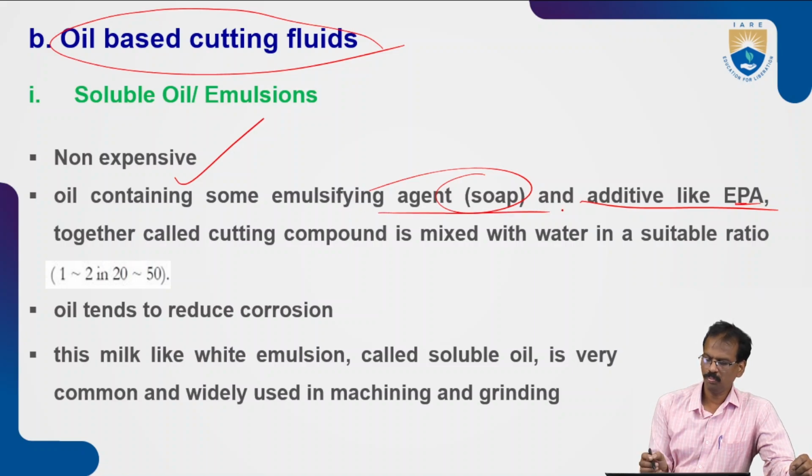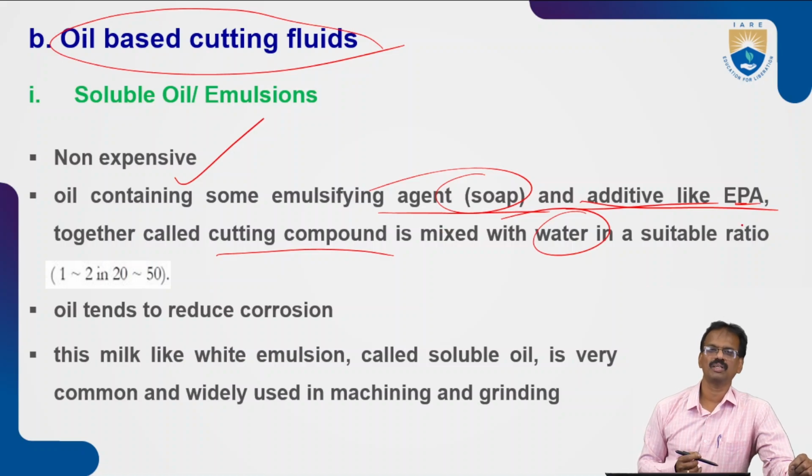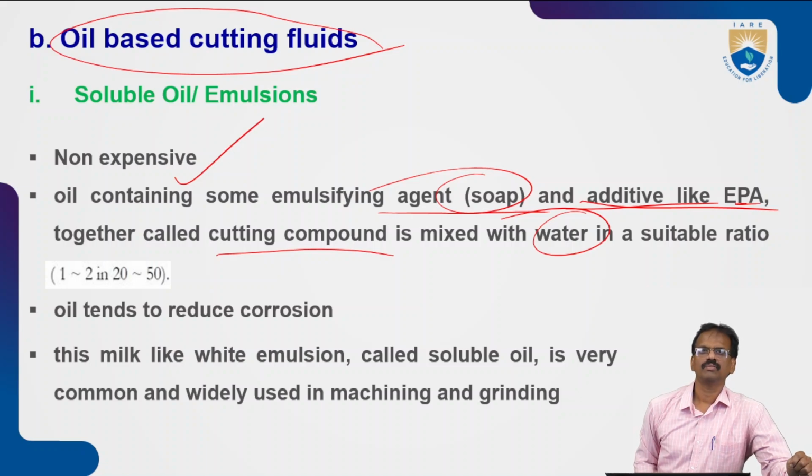These soap and additives together, called the cutting component, are mixed with the water in a suitable ratio, like 1 to 20 or 2 to 50 range.